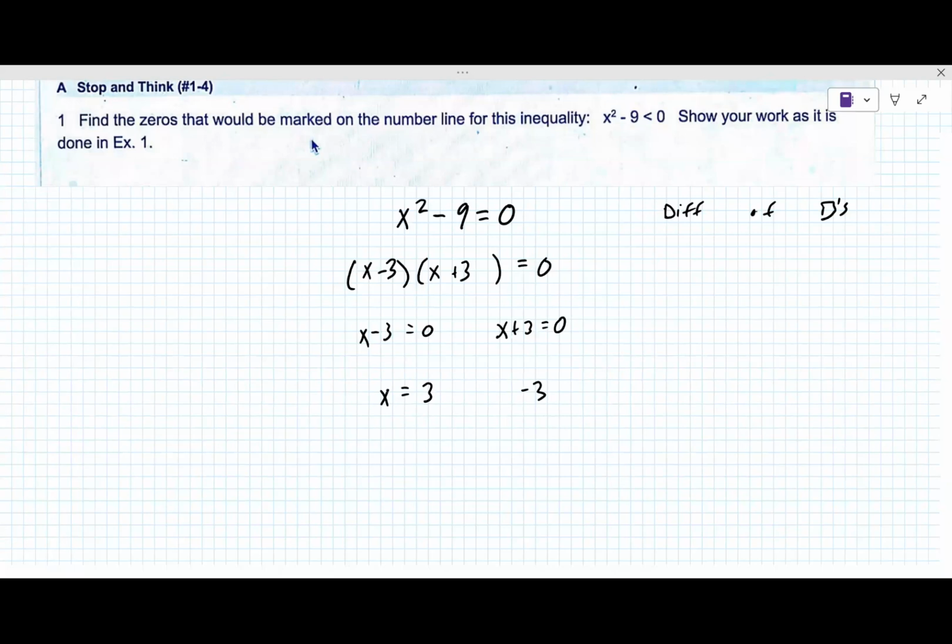Good. Okay, so here's the number line. And I don't spend much time making those number lines. I just put the points there. You don't have to have 0, but it wants to know where they would be marked on the number line. There it is. I think when I first did these, I had to do them with the number line. You're welcome to add as many places as you want on there.